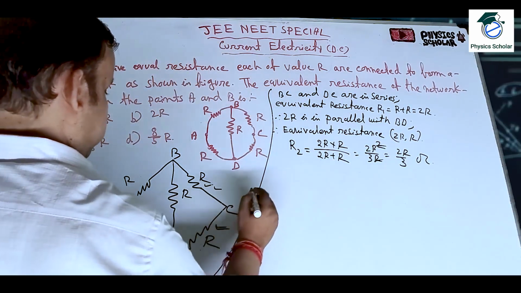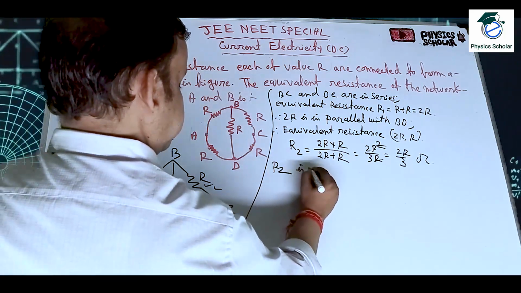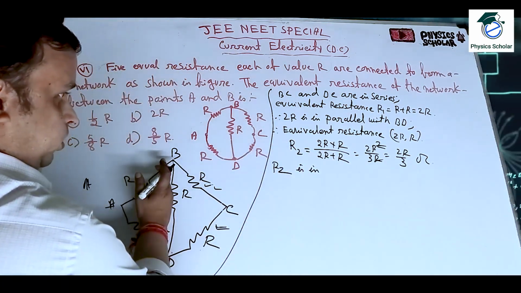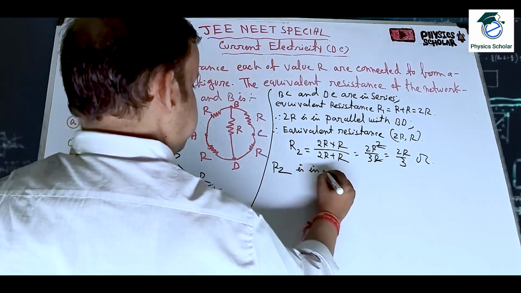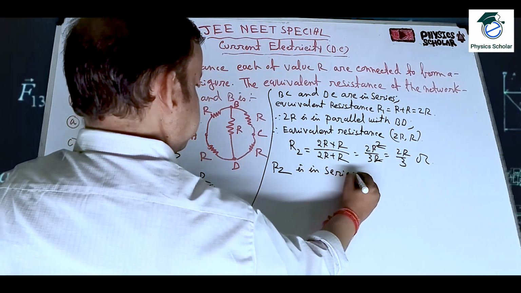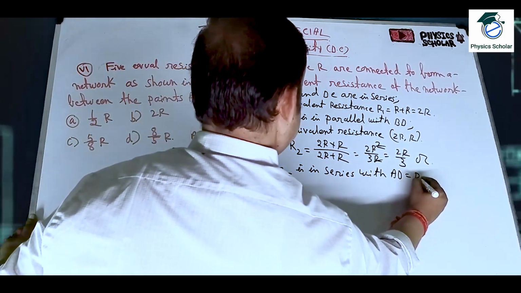Okay, so now R2 is in series, then here up to this it is R2. Clear? So that is in series with this. This R2 is in series with AD, which is equal to capital R. Clear?